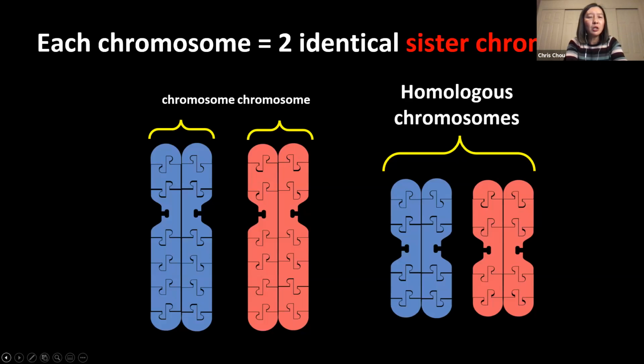So each of these chromosomes that you are seeing are now replicated. So I like to say they're replicated chromosomes or duplicated chromosomes, and they're made of 2 identical sister chromatids. So this is where students get really confused with all the terminology in biology, where you've got centromere, chromosome, chromatid, and chromatin.